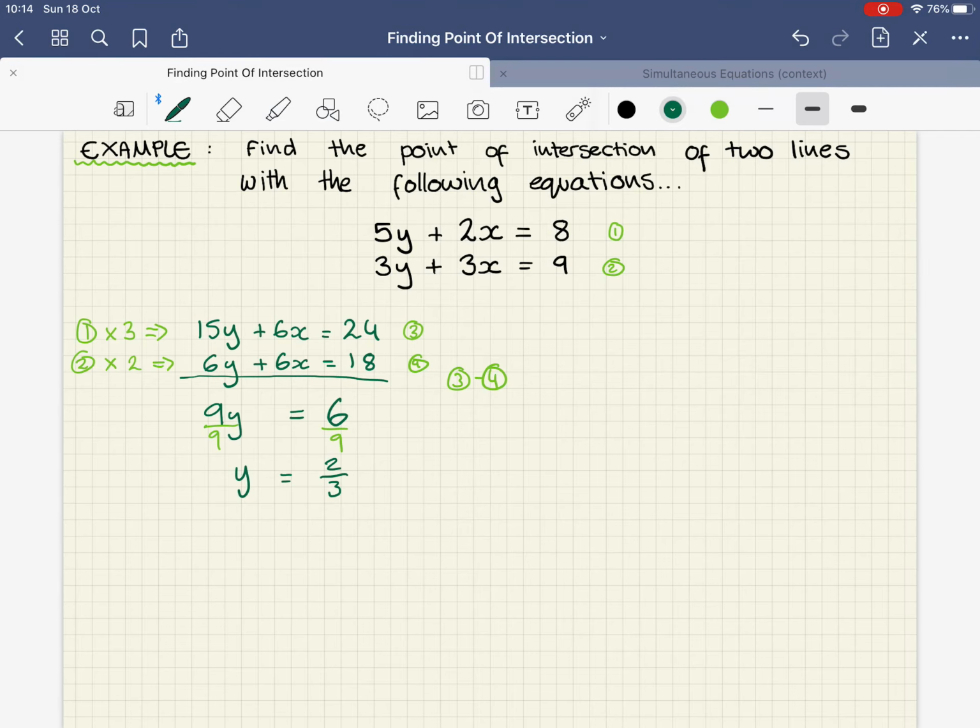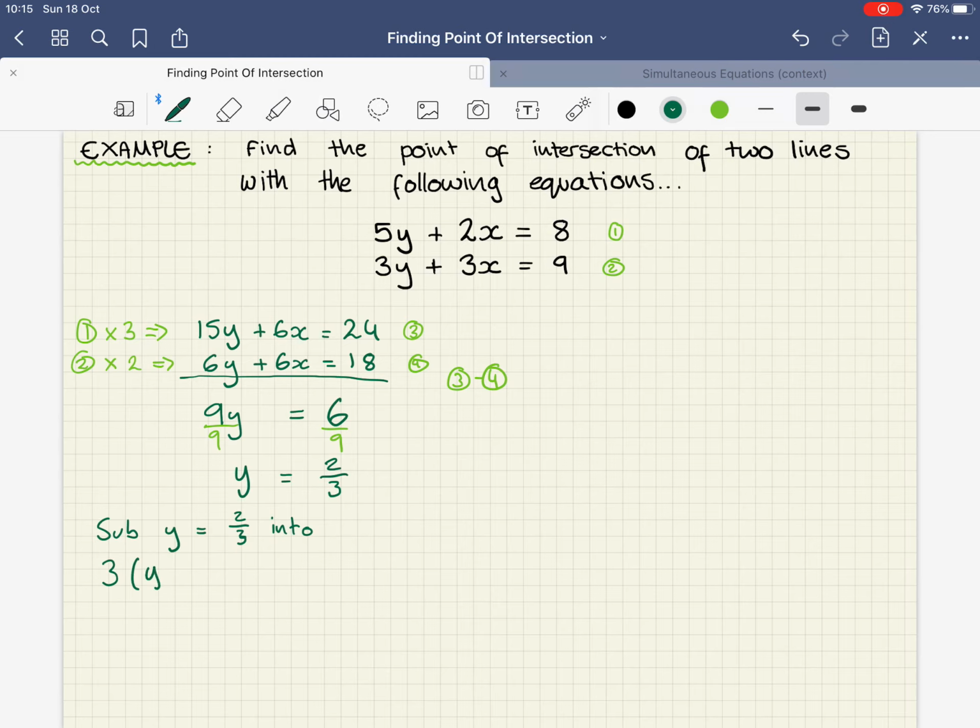So in this case, because we've got that fraction, you want to look for the equation that's going to give you the easiest time with that fraction. And I'm going to say that's equation 2 because I've got this 3y. That means when I substitute the 2 over 3, because I've got the 3 as my coefficient, that's going to help get rid of that fraction a little bit nicely.